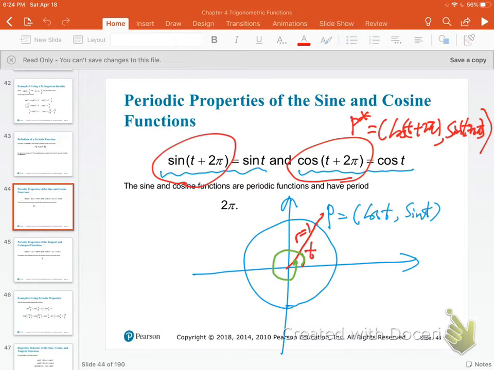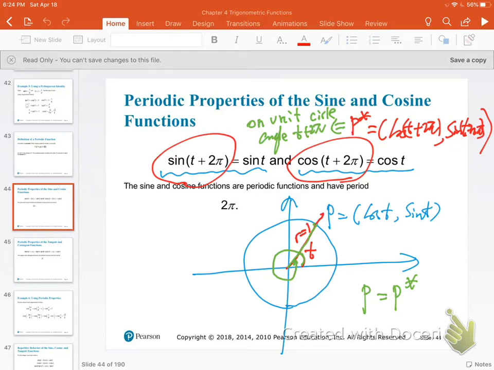So P star is on the unit circle, and the angle is t plus 2 pi. So t and t plus 2 pi have the same terminal side. So P and P star are the same point, P is equal to P star.